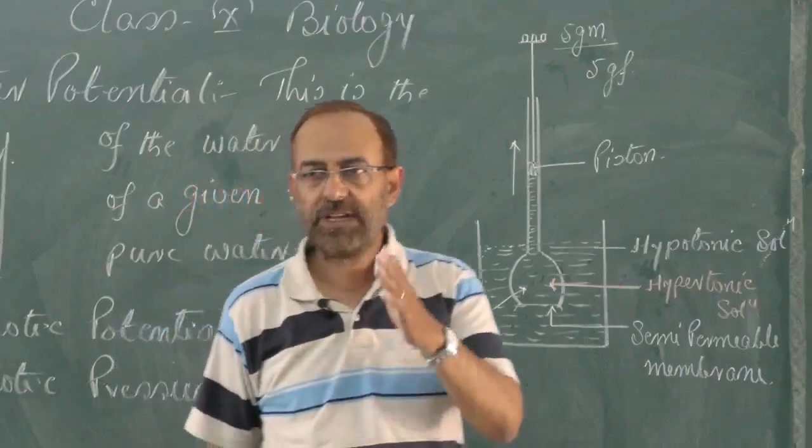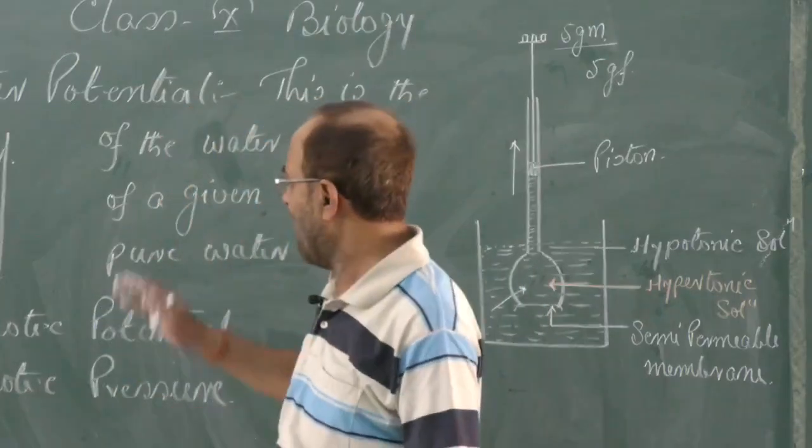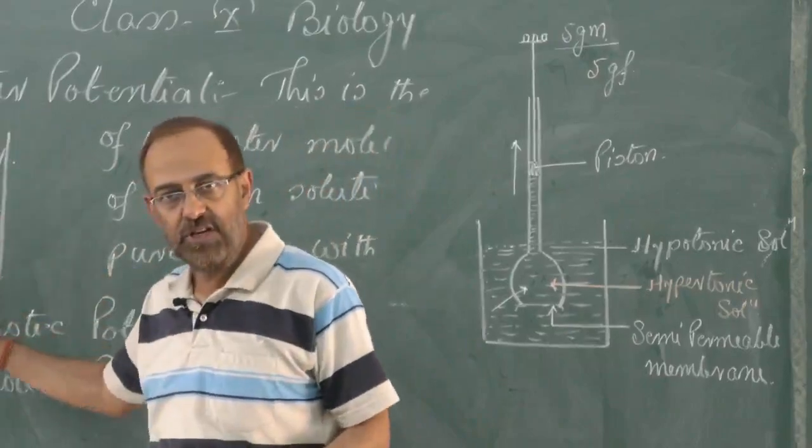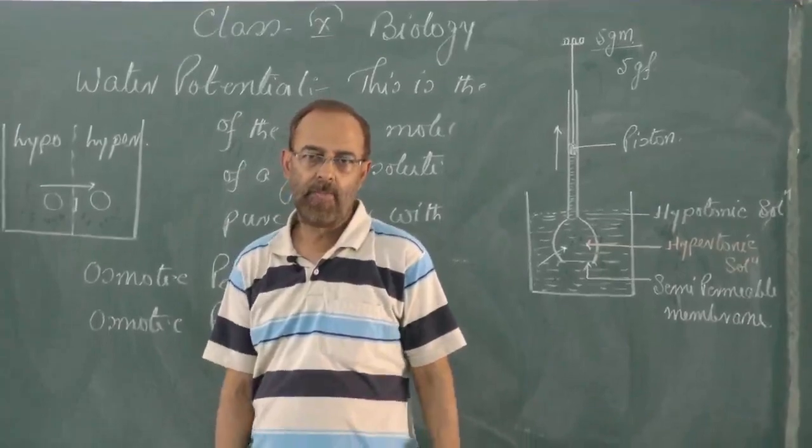So, osmotic pressure can be defined as the minimum pressure applied by a solution which can just prevent the process of osmosis. Clear?